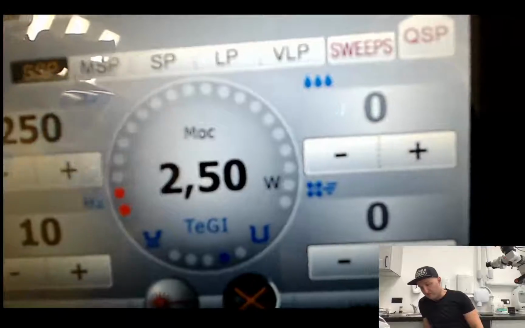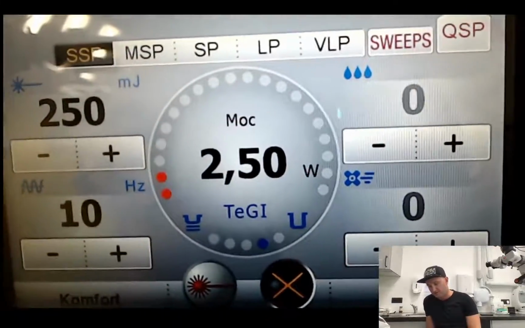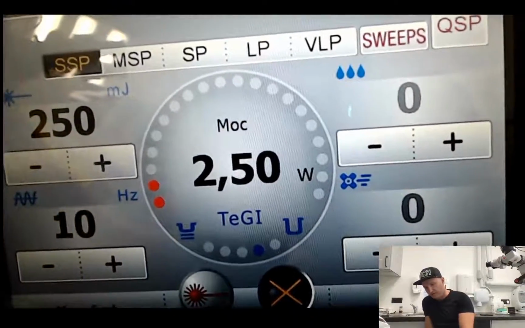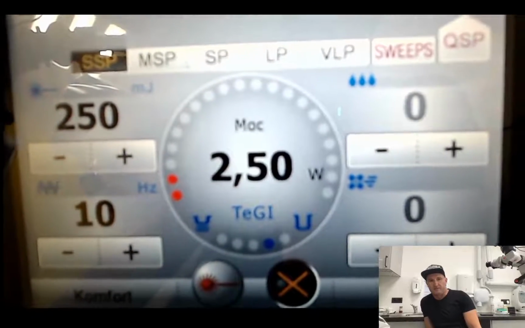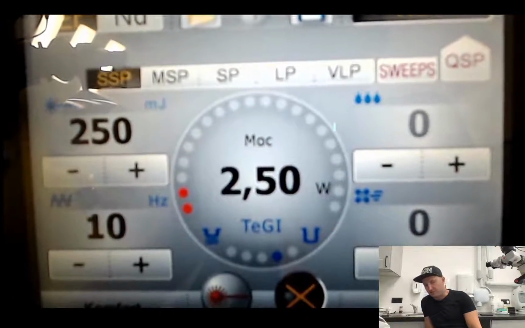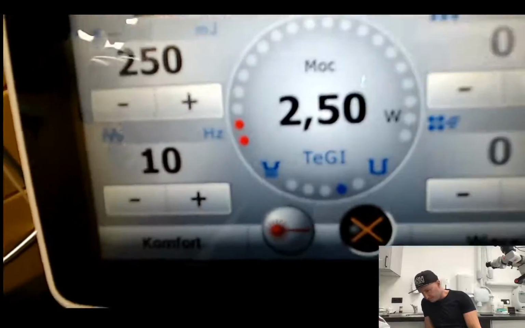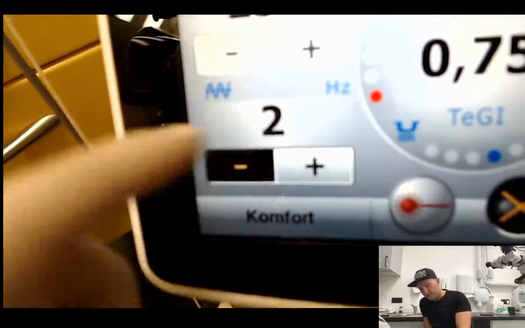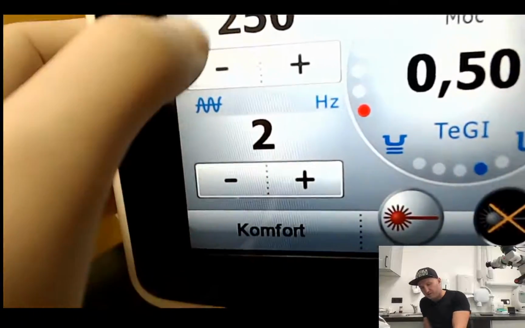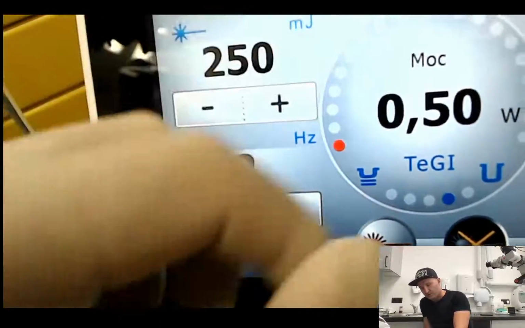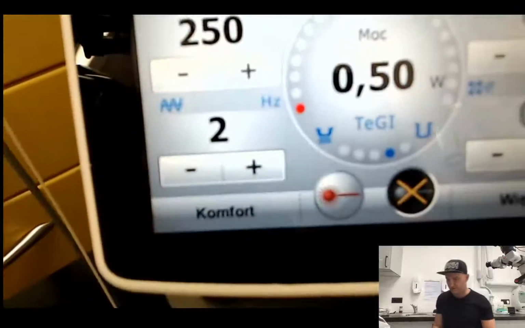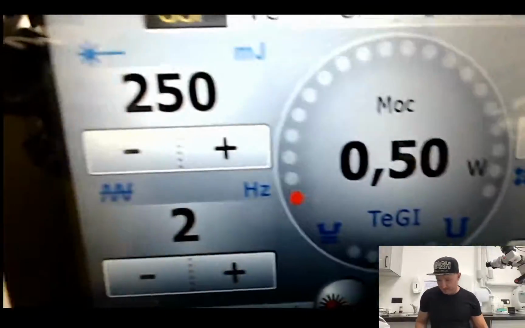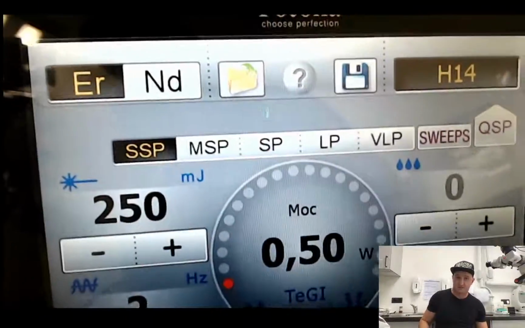It means that one pulse is divided into five sub-pulses, but it's not as important right now. We can choose our frequency in hertz, and you can choose your energy in millijoules, and that's it, I guess, for the beginning.